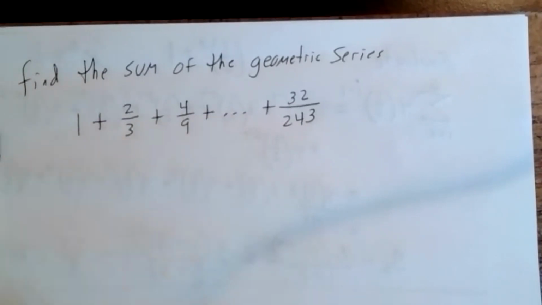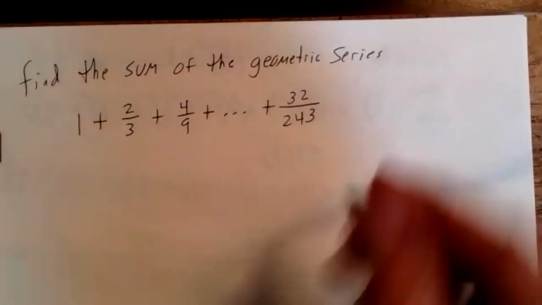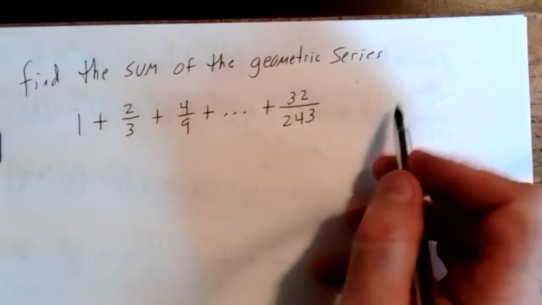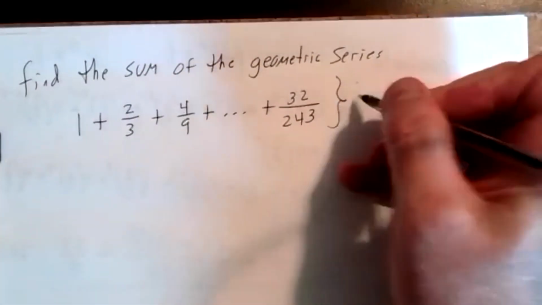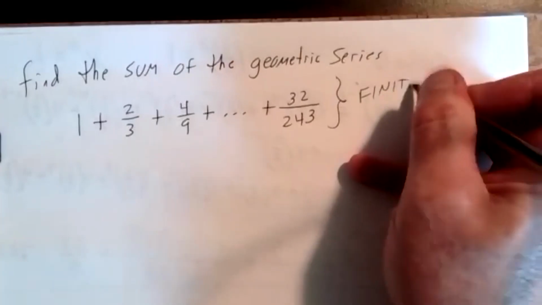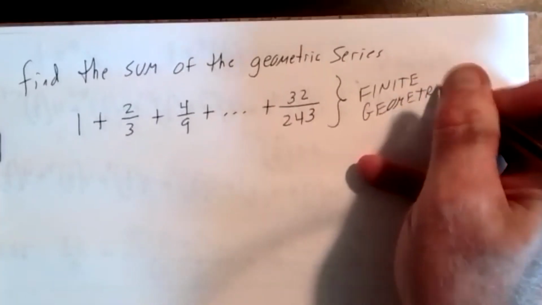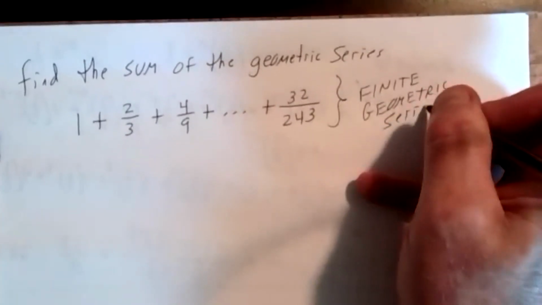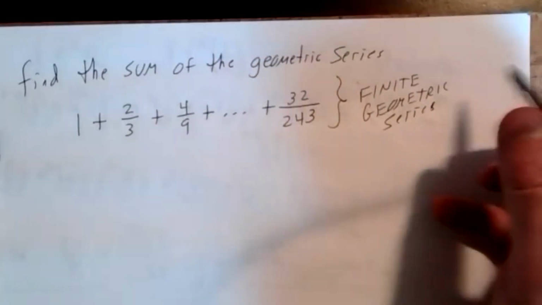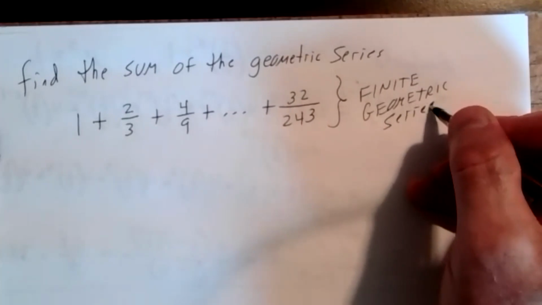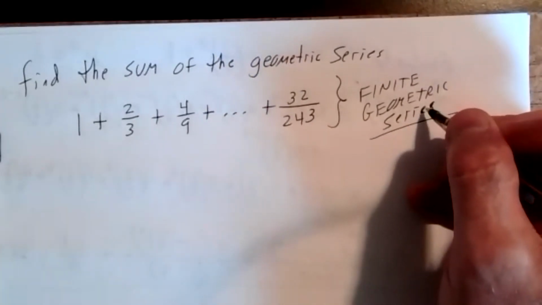Finite or infinite? Finite. It would be finite because you don't see plus dot, dot, dot, all right? So this is a finite geometric series. Finite geometric series. Okay.